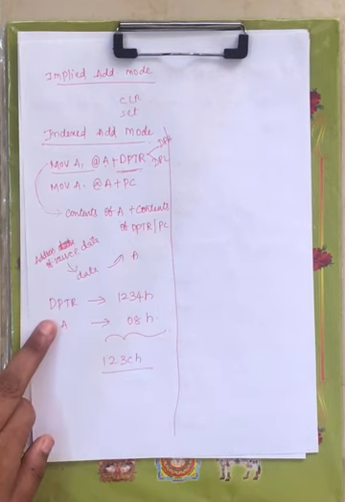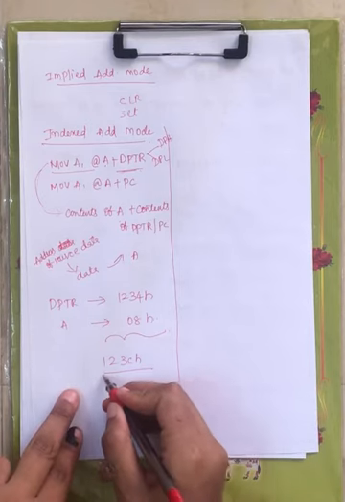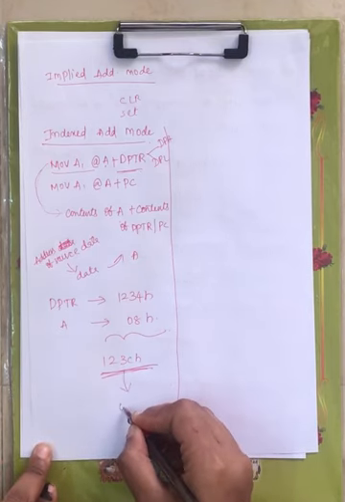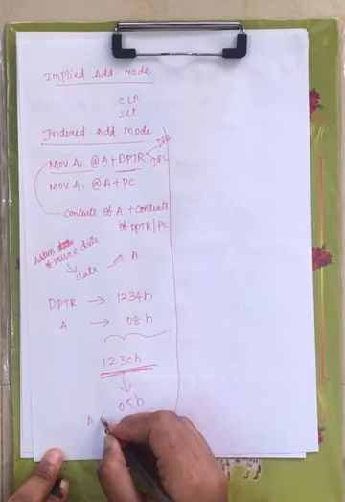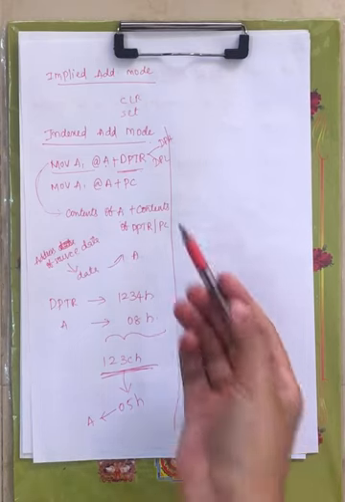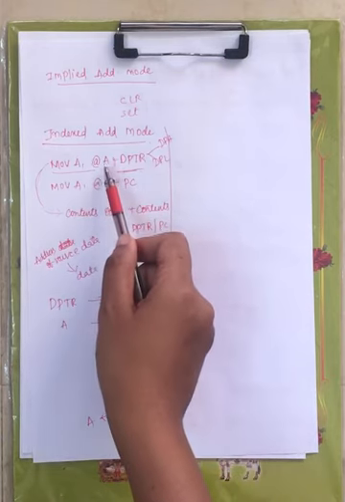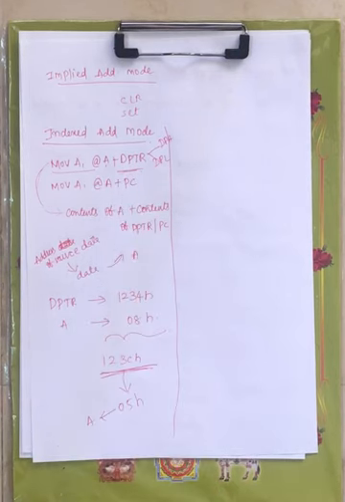After adding the contents of DPTR and the contents of A, you are getting 123CH. Now this is one of your memory locations under your 8051. Let us assume this memory location is storing some data, 05H. Now this is moved to the A register. This comes under your indexed addressing mode: an instruction where the source operand is indirectly pointing to the memory location by adding the contents of the accumulator with the contents of DPTR or PC.